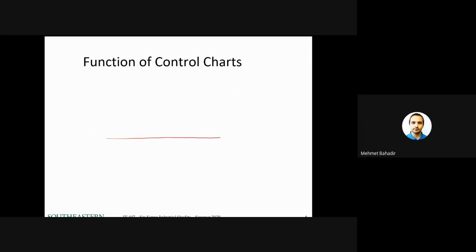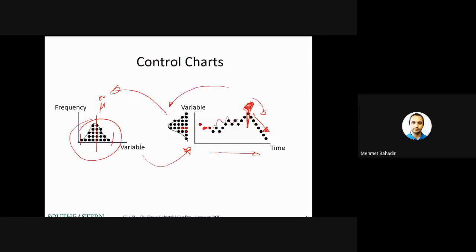It doesn't really directly show you the source of the problem, but since it tells you at what point in time the problem happened or something significant happened, we can easily go back in time to that specific time in history, in records, and analyze what changed at that time.